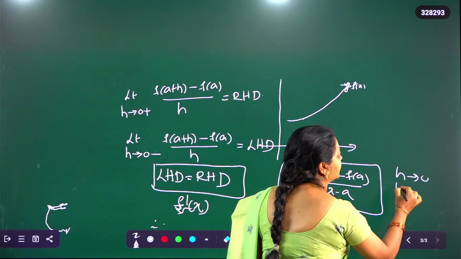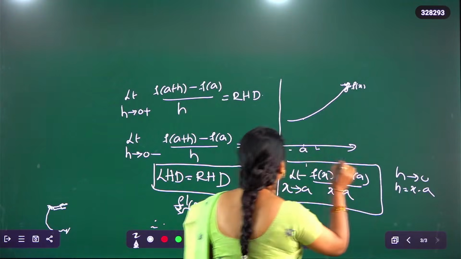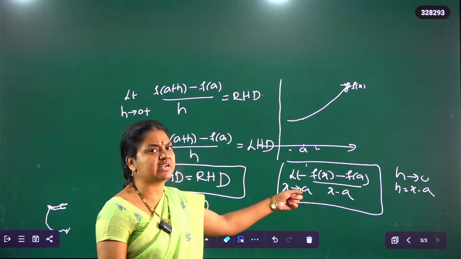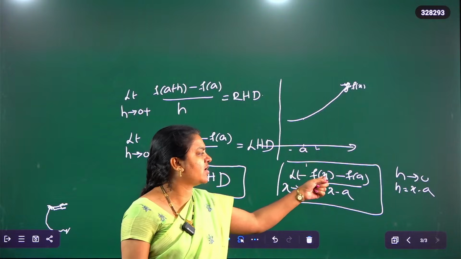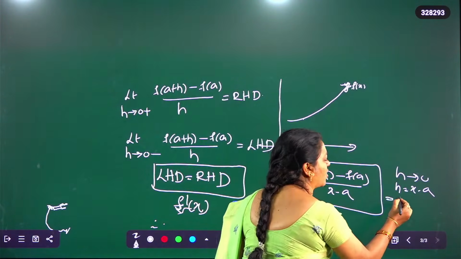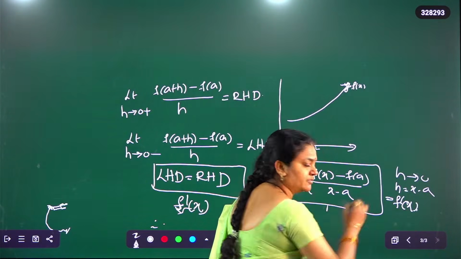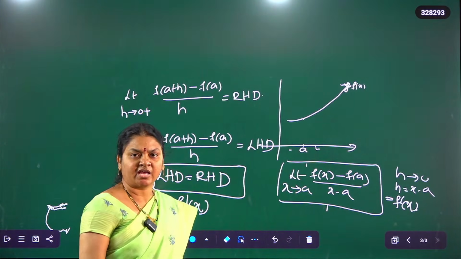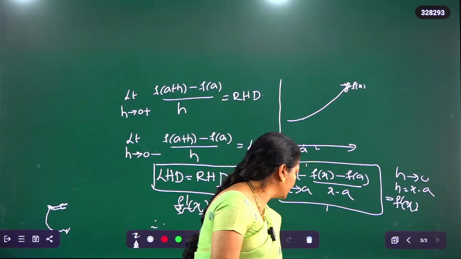If we take h equal to x minus a and substitute, we get limit x tends to a, f of x minus f of a by x minus a. This is also the definition of derivative, f dash a. Now we will go to the next one.